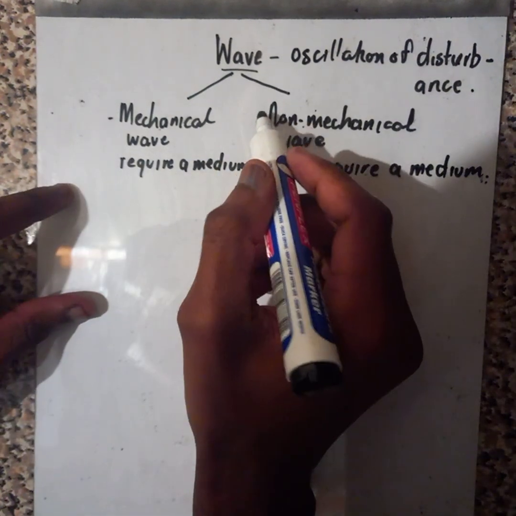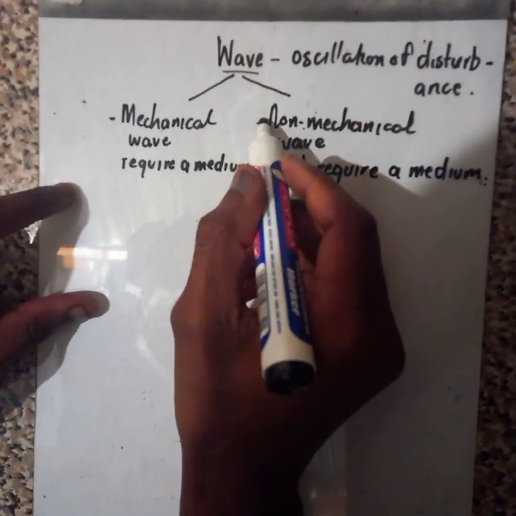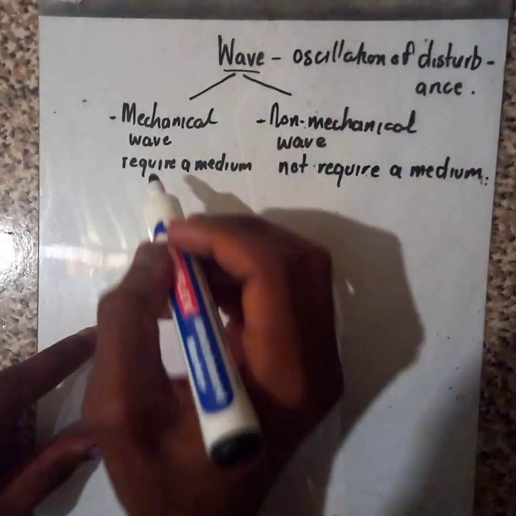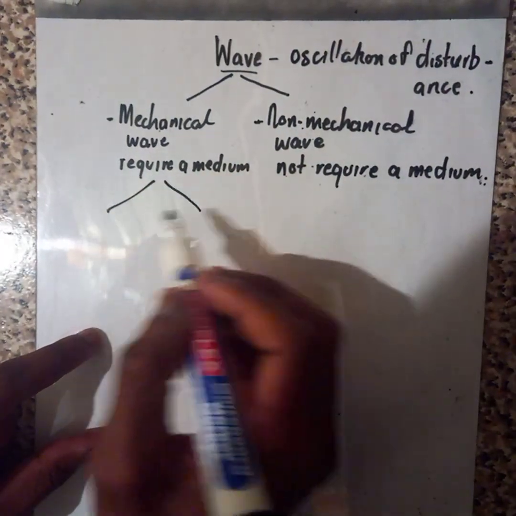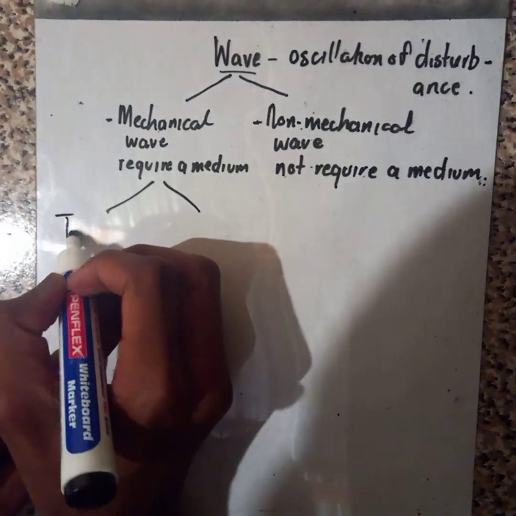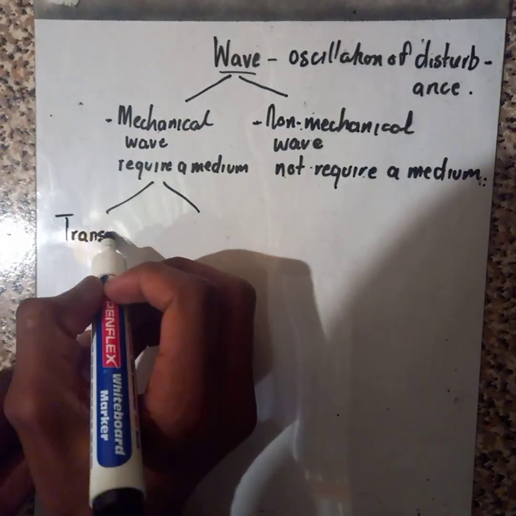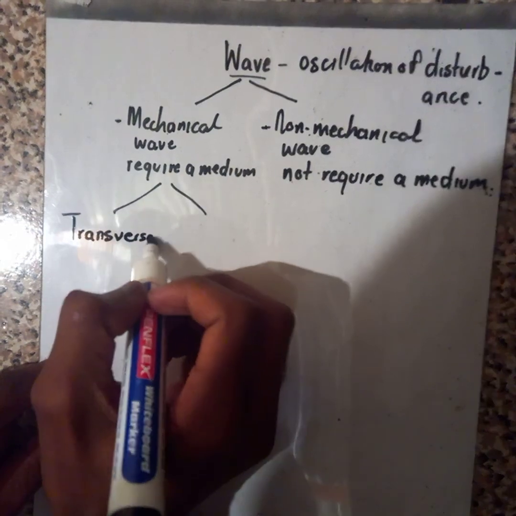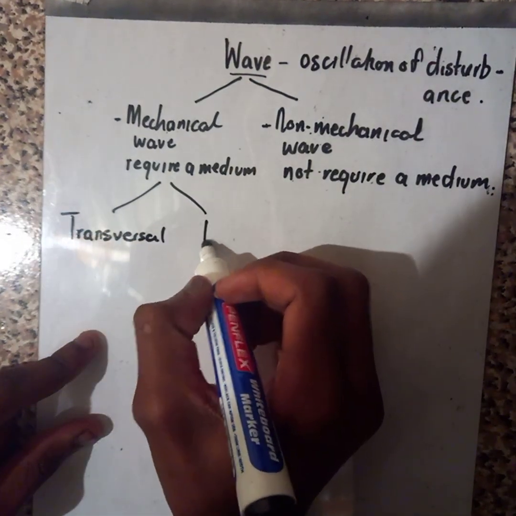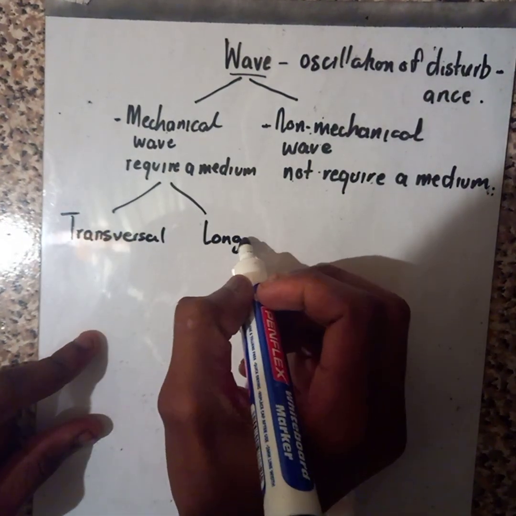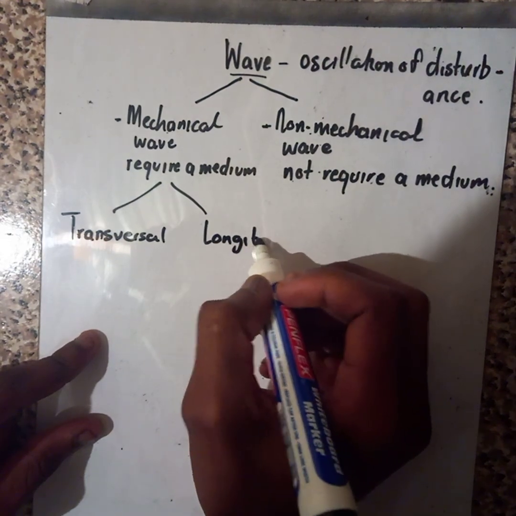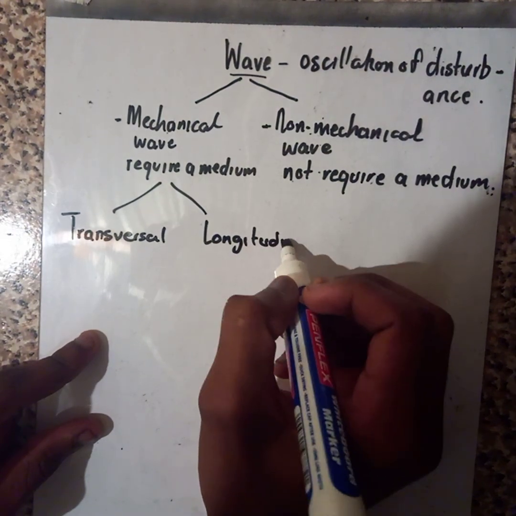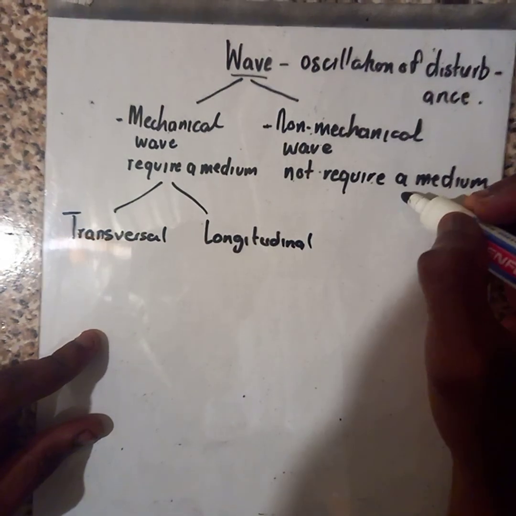Do you still remember what are those for mechanical? We have two. Firstly, we have a transversal wave. We also have a longitudinal wave.